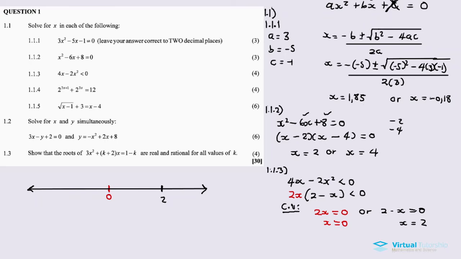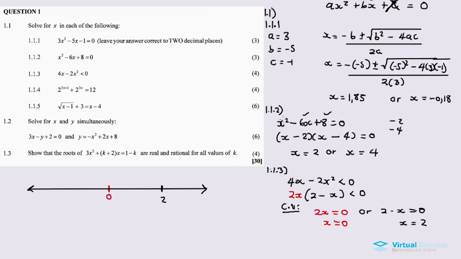By the way, if you did interval notation in grade 10, you should know that if it's less than, the circle is open. If it's less than or equal to, or greater than or equal to, the circle is closed, meaning it's included. But if it's just less than, it's just an open circle.